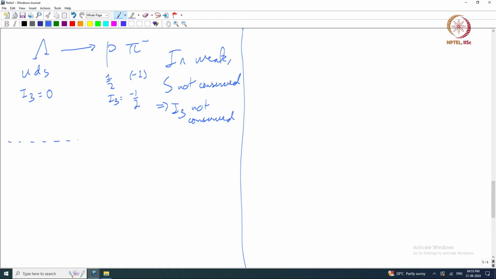Now, here is an observation in nature that, to my knowledge, can only be understood after you know what isospin is, and that is the following. You must have heard of the Deuteron, correct? So, what is a Deuteron?